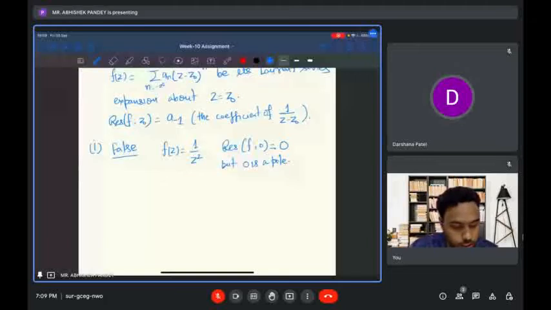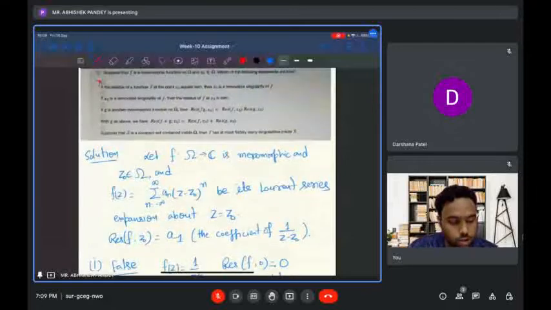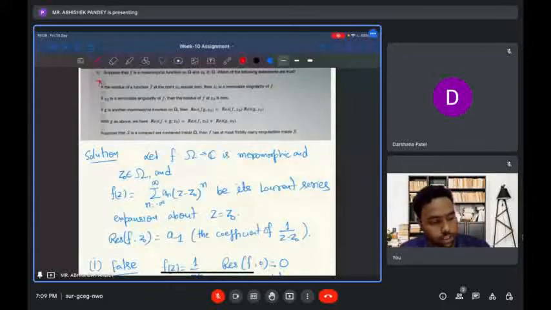Now let us look at the second option. If z naught is a removable singularity of f, then the residue of f at z naught equals 0. So the second option is true.